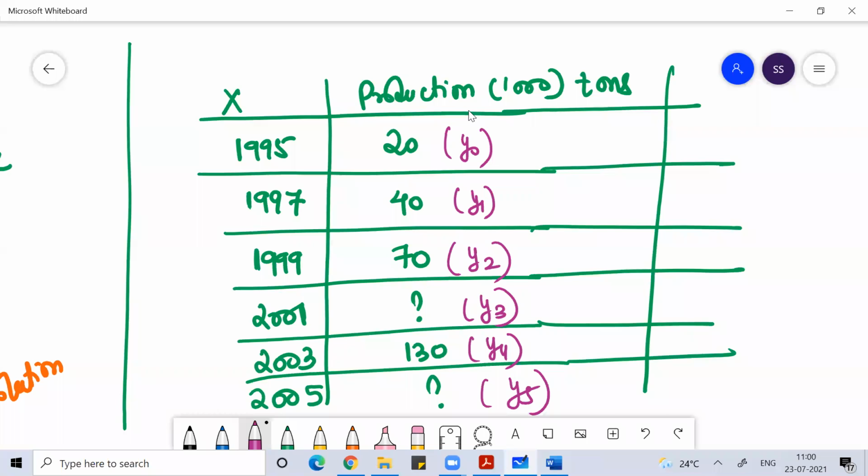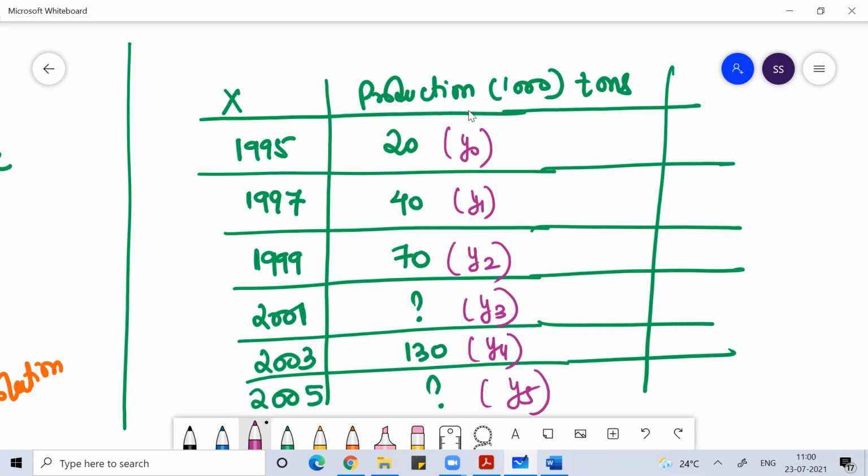So what we need to estimate here, clear, everyone? So when we follow a binomial expansion method, how will we do it?